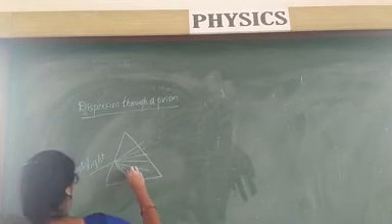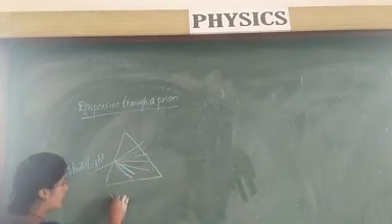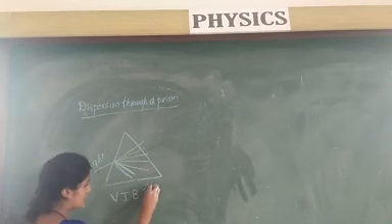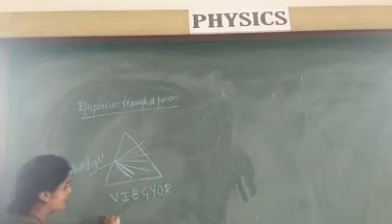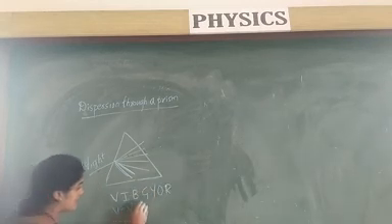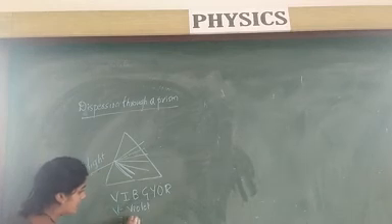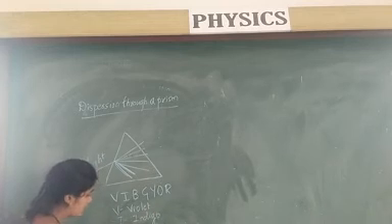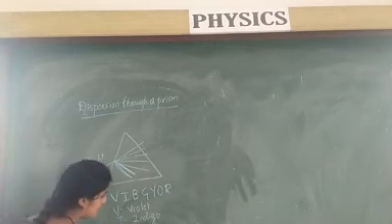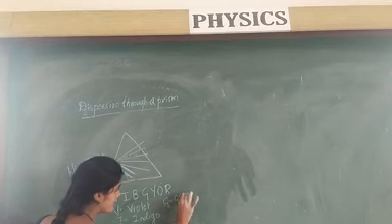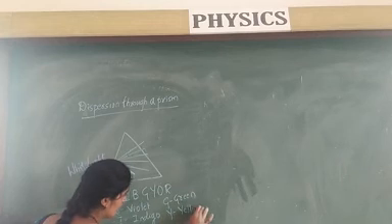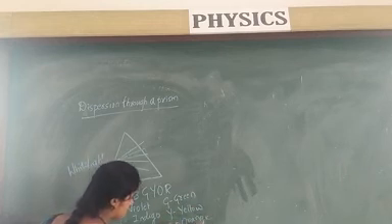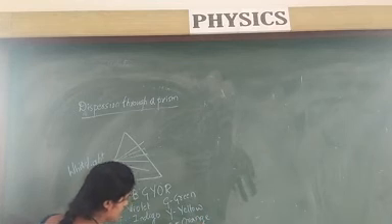The 7 colors are VIBGYOR. V means violet, I indigo, B blue, G green, Y yellow, O orange, R red.